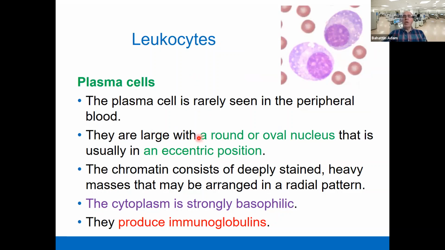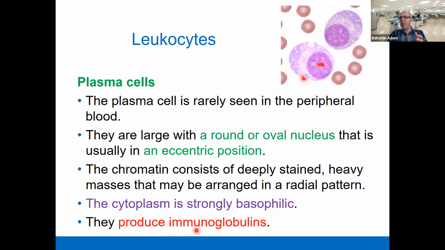They are large with a round or oval nucleus that is usually in an eccentric position, as you see, not centric. The cytoplasm is strongly basophilic, and the main function of plasma cells is to produce antibodies, immunoglobulins.